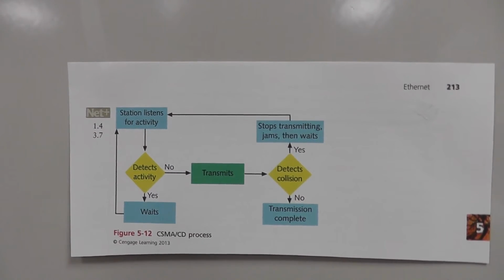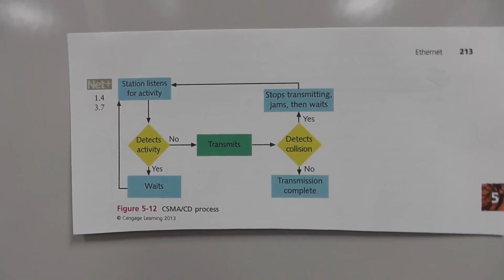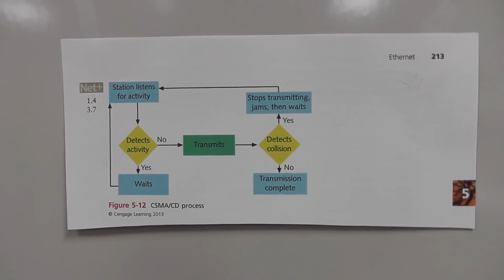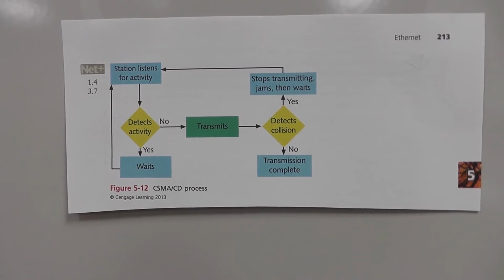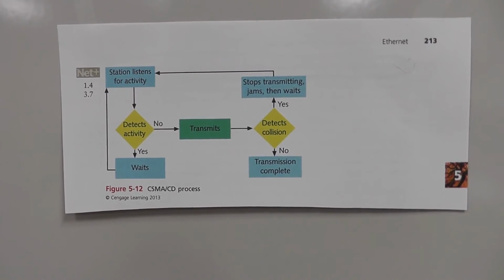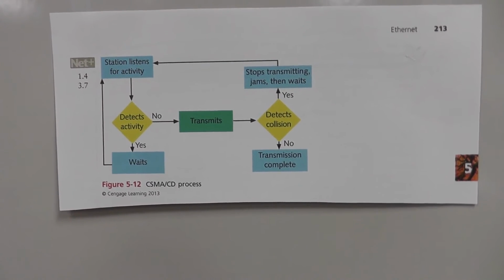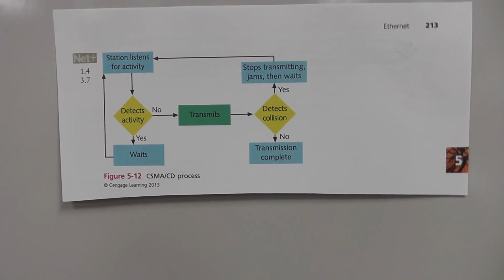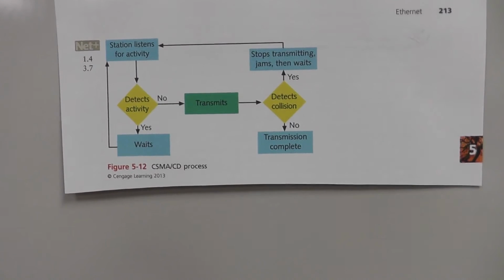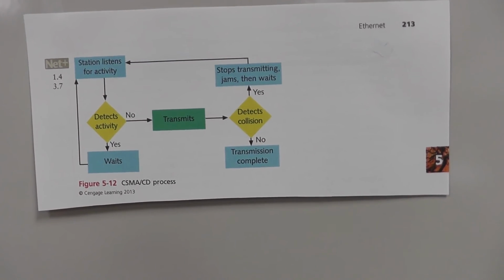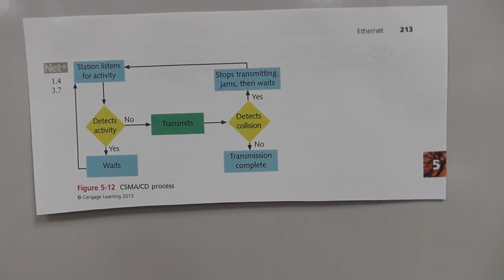Now here's a flow chart that shows you the CSMA/CD activity. You start in the top left-hand corner. The first thing that happens is a station that wants to transmit will first try to detect any ongoing transmission, which would be activity. If it detects nothing is going on, then it will start to transmit.